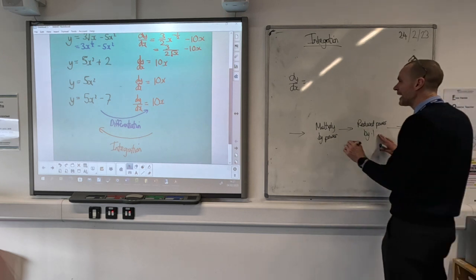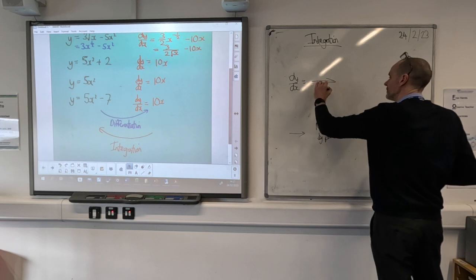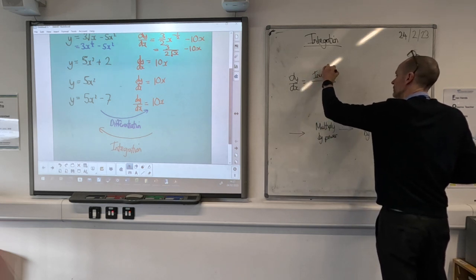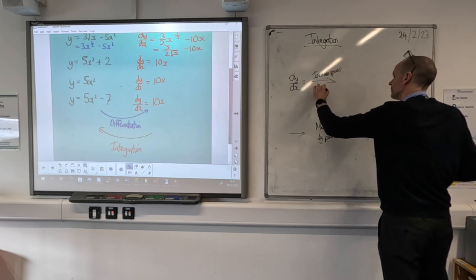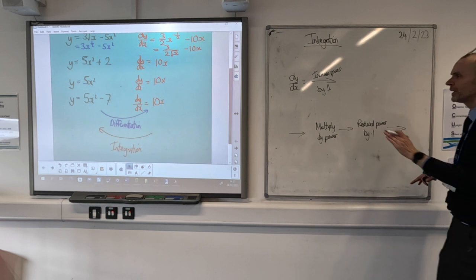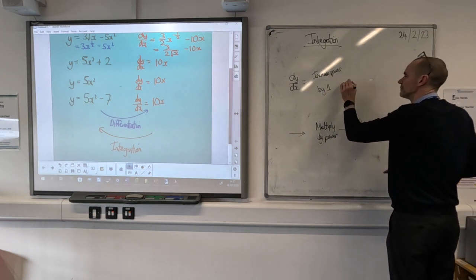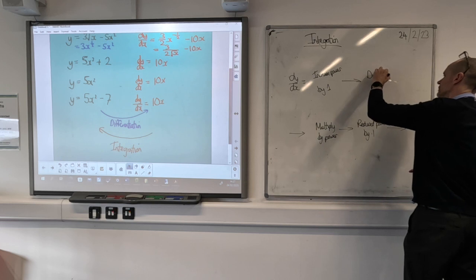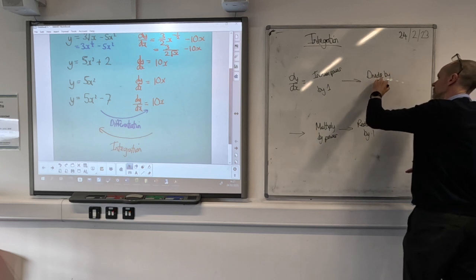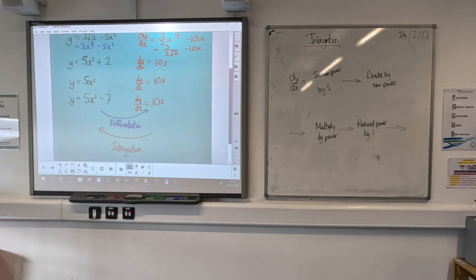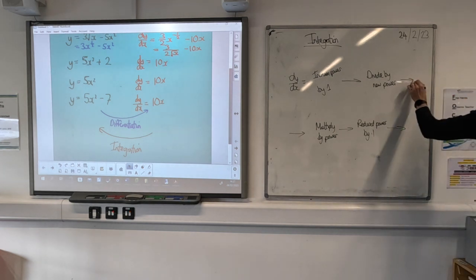We increase the power by 1, and then we divide by the new power. So that is the process of integration.